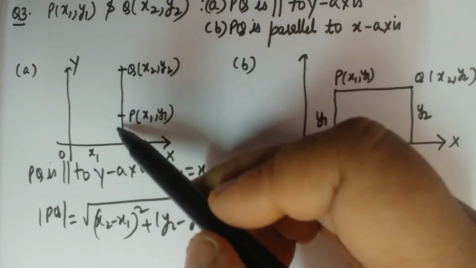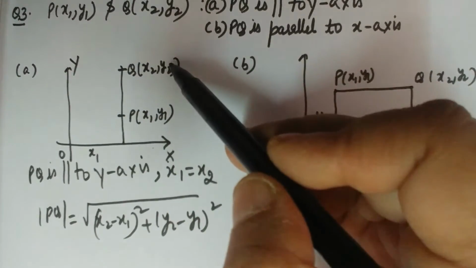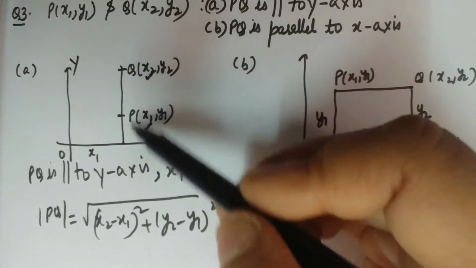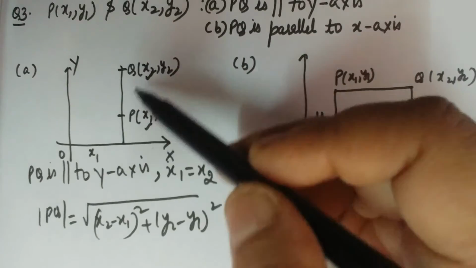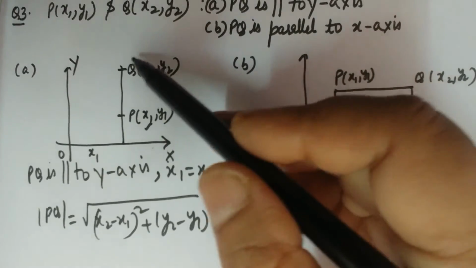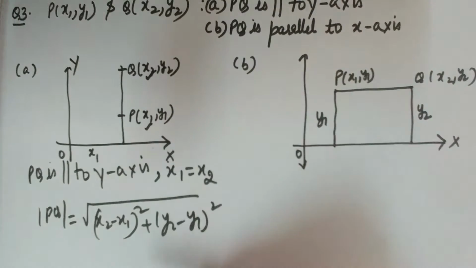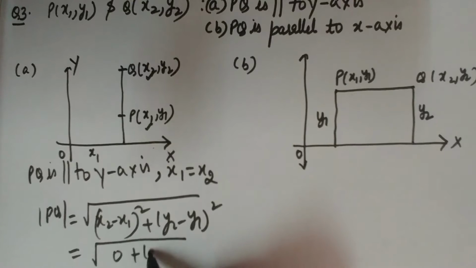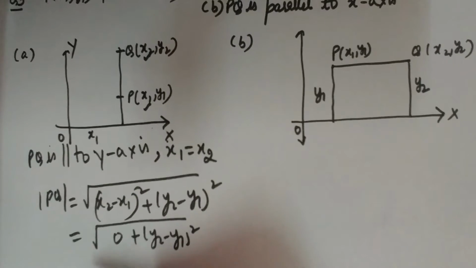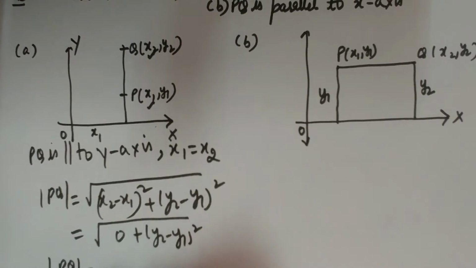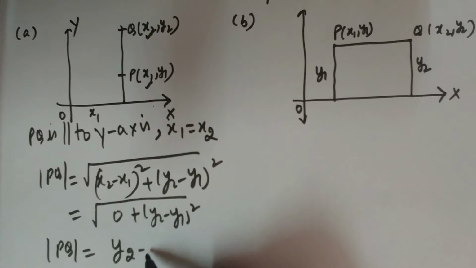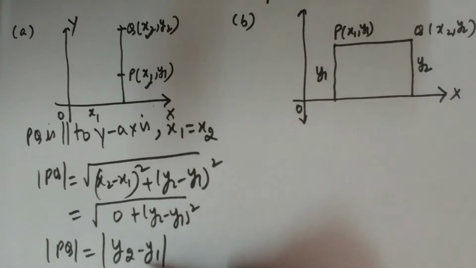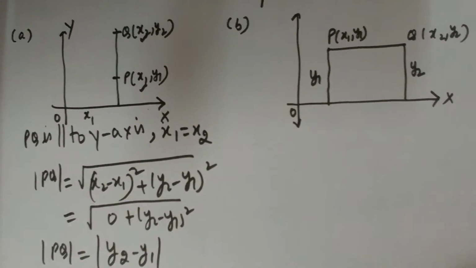Because this line is parallel, the two points x1, y1, x2, y2 are along the same line, so x coordinates are same here, right? So in that case, x2 minus x1 will be 0, plus y2 minus y1 whole square. So my distance PQ will be y2 minus y1. As we are talking about the distance, so the magnitude is y2 minus y1 we take, okay?